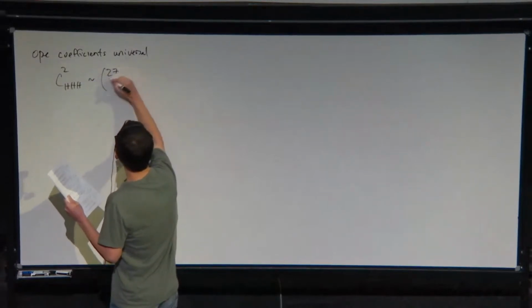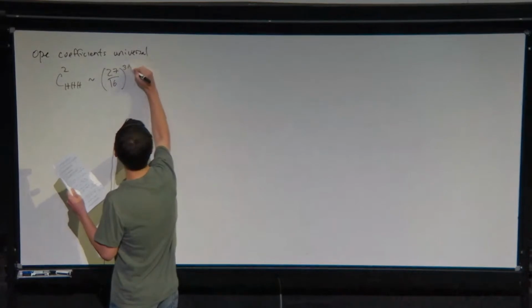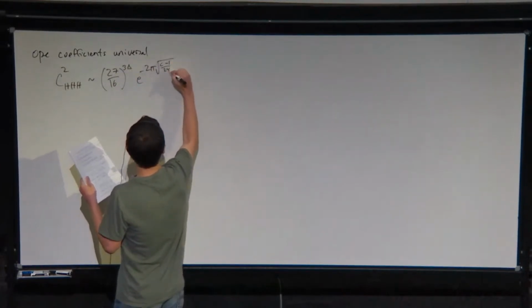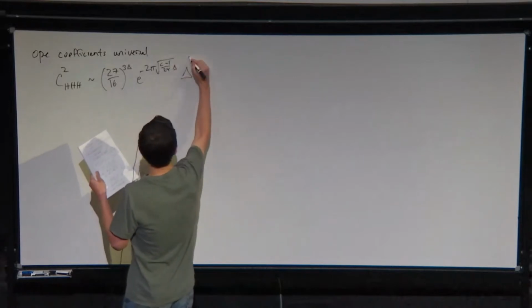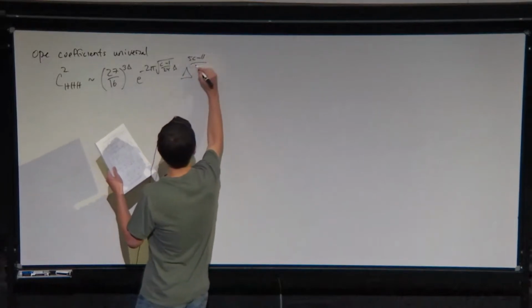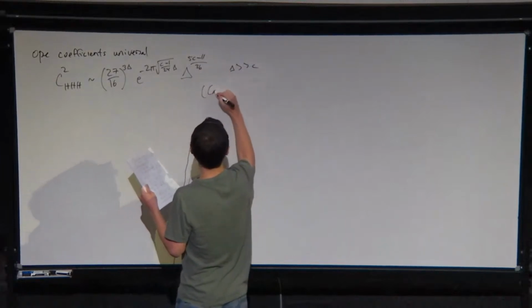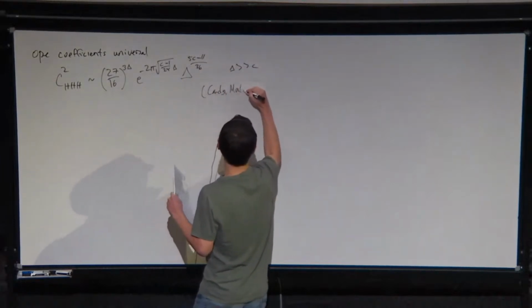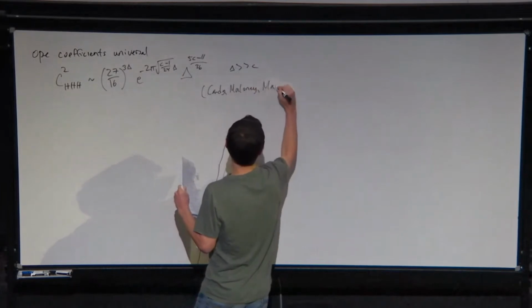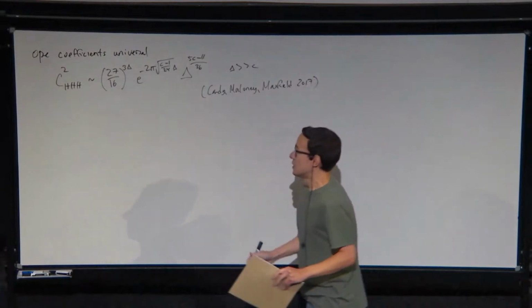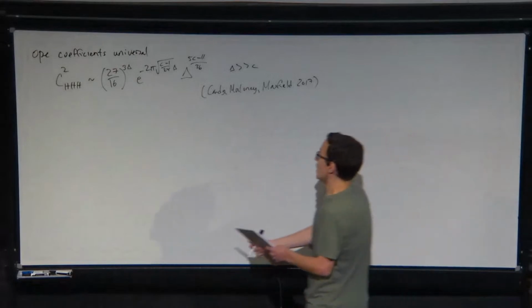So I'll write the formula, and then I'll say some words. So the OPE coefficient squared of 3 Virasoro primary operators takes this form.